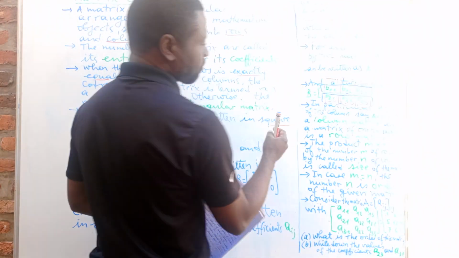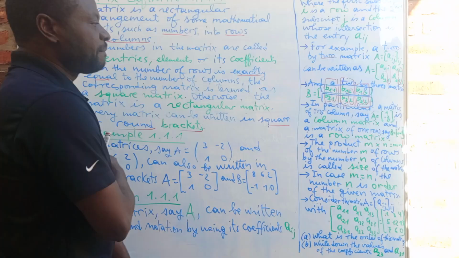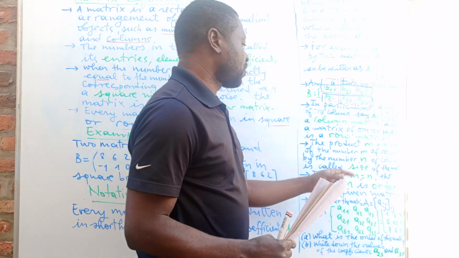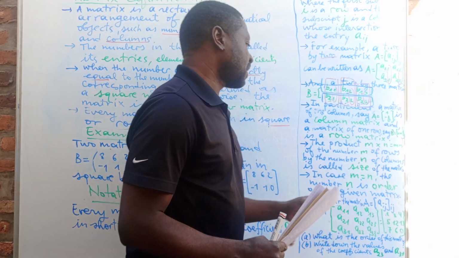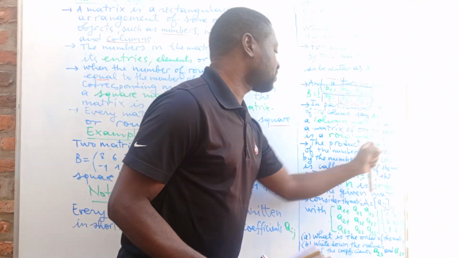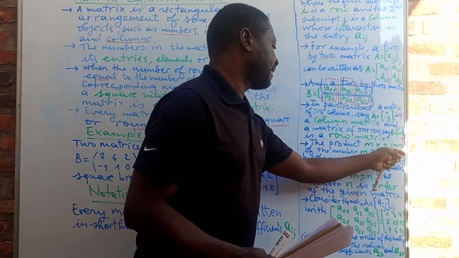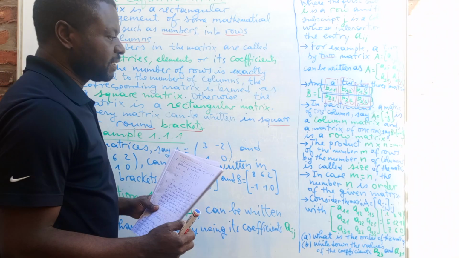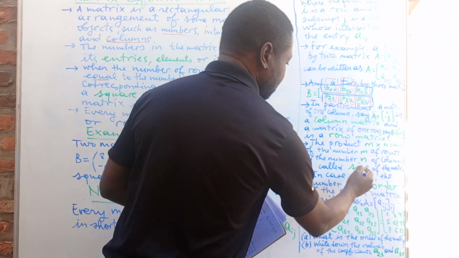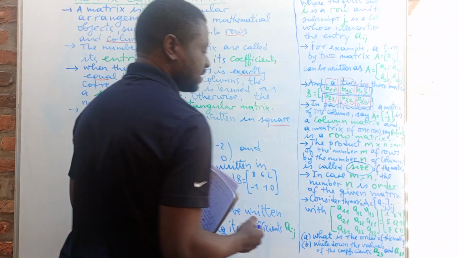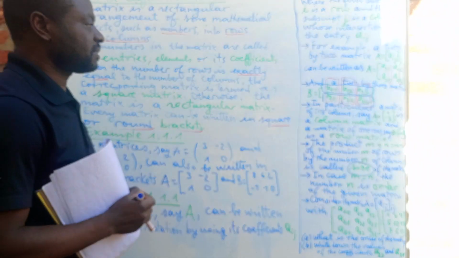Now, how about the number of rows and number of columns of a matrix? The product of them is a number which is called the size of the given matrix.